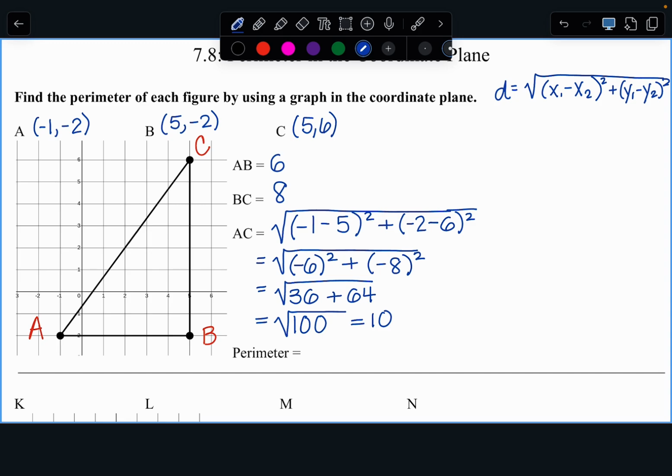To find perimeter, it means that we are adding up all of the lengths for the outside of our shape. So for perimeter, we're doing 6 plus 8 plus 10, which gives us a total of 24 units.